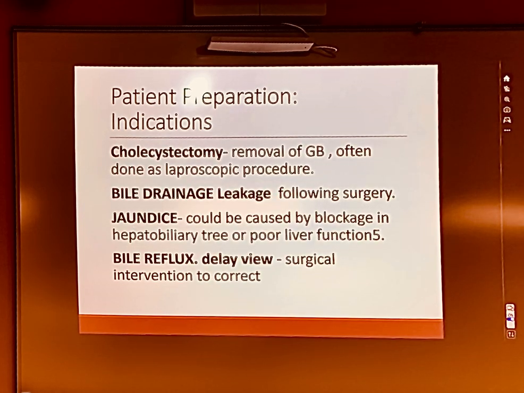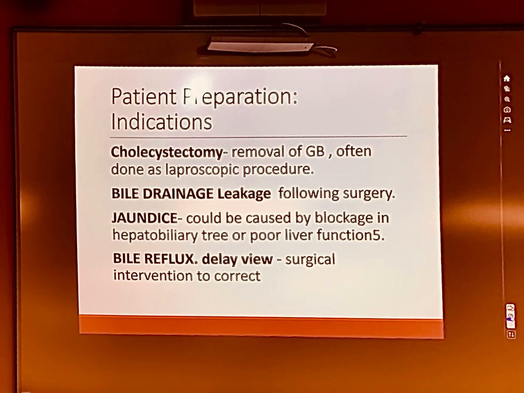So, you have a couple of things that you always have to ask your patient, and things you need to find out as far as patient preparation or an indication for the study. Has your patient had a cholecystectomy? Meaning, did they get their gallbladder taken out? There's two ways to do a cholecystectomy.